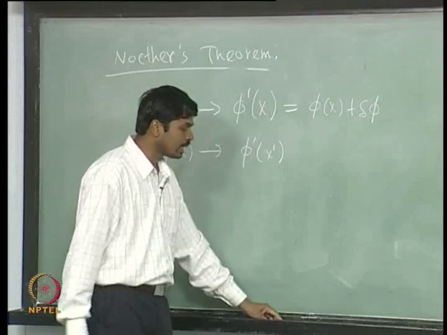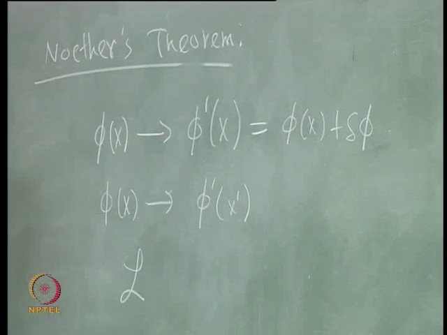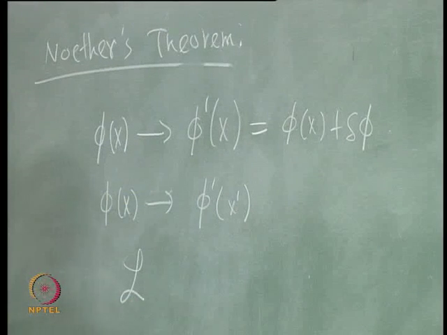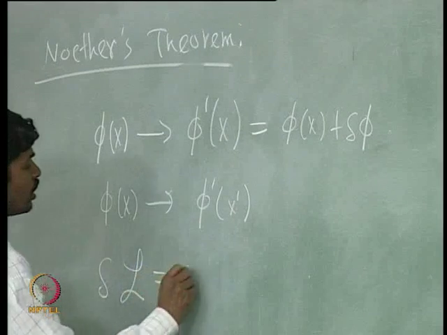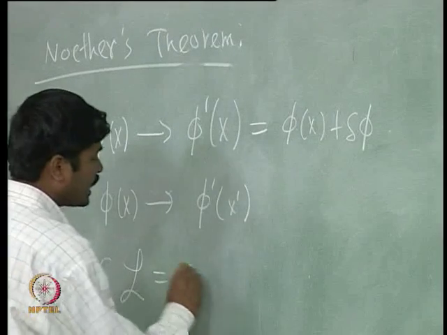So, we will consider the case where the Lagrangian density L remains invariant under such transformations. So, delta L is 0 under such transformation. What is delta L?